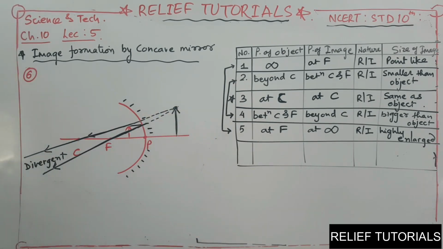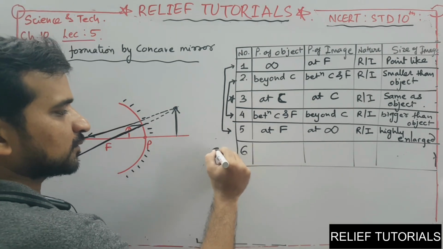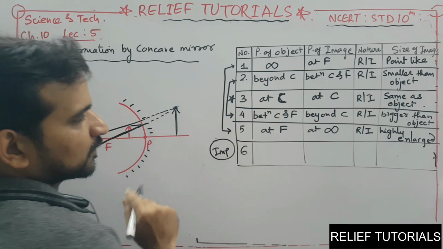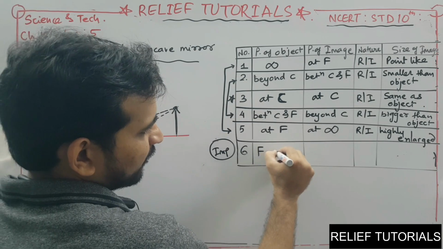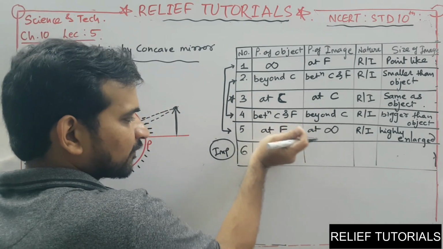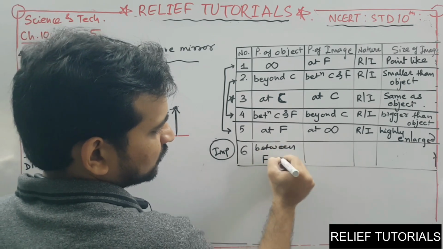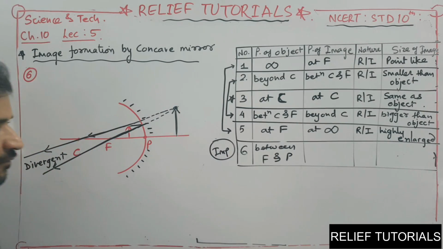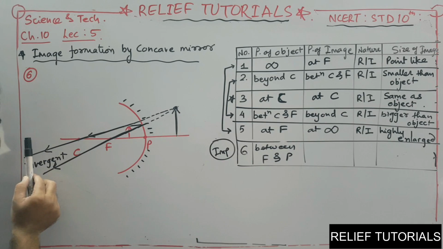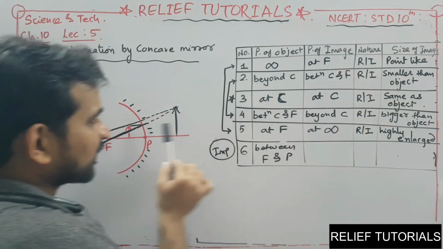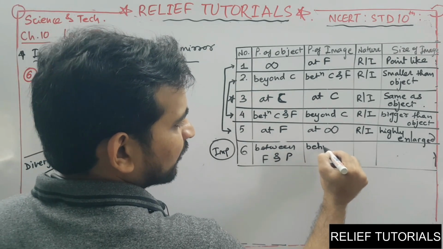This is the image. So the sixth case is very important. Position of object is between F and P. Position of image. Where is the image? Image is behind the mirror. It's not in front of the mirror. Previous all the images were in front of the mirror, but now this image is behind the mirror.